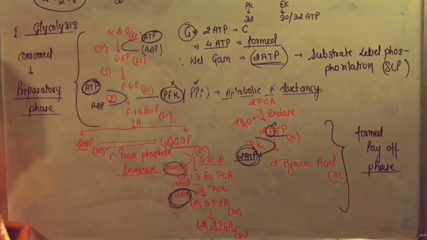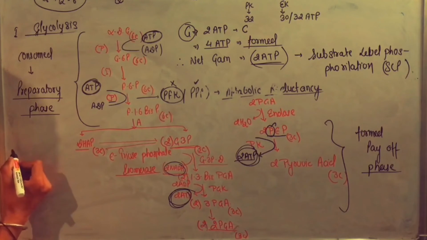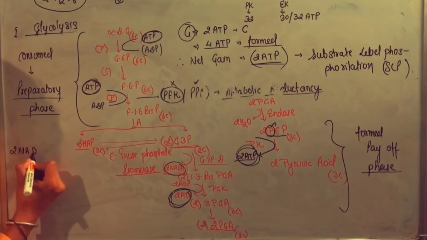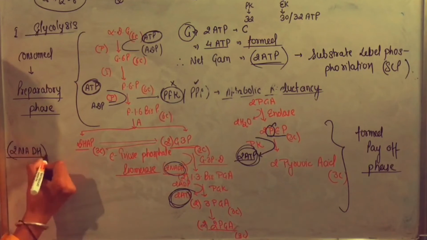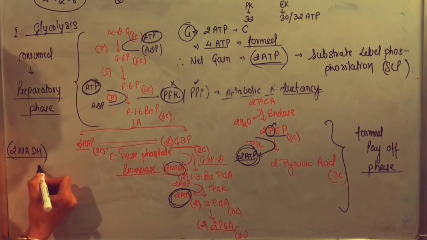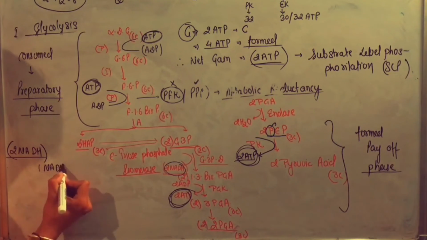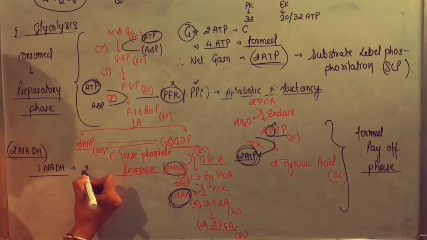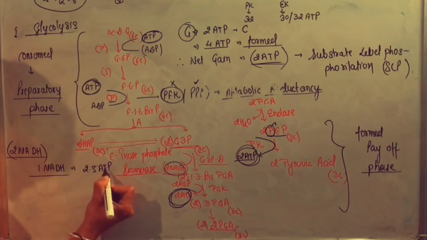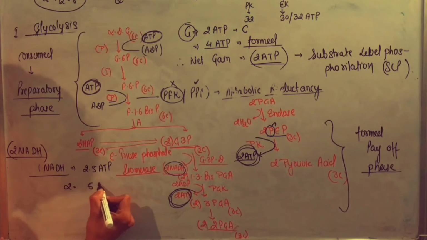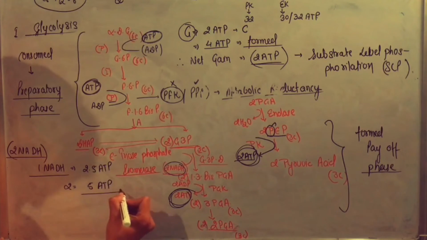Two molecules of NADH are also formed during this process. One molecule of NADH will form 2.5 ATP, therefore 2 will form 5 ATP.